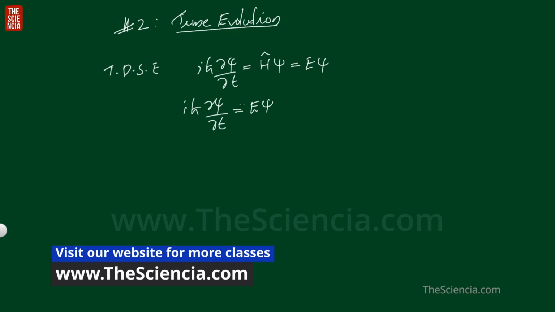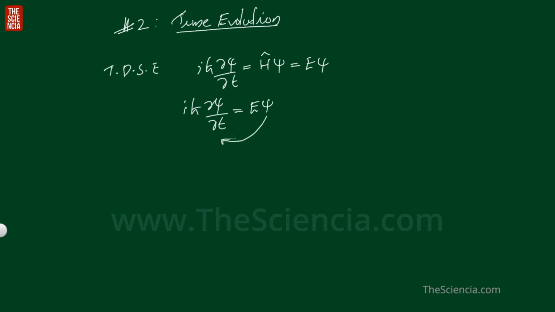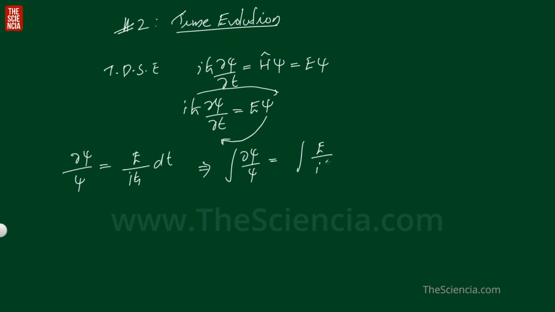That is, I am taking this ψ term here and taking the remaining terms to the RHS of this equation. That is, ∂ψ/ψ is equal to E by i h cross into dt. Now I can integrate this equation on both sides. That is, integral ∂ψ/ψ is equal to integral E by i h cross dt.